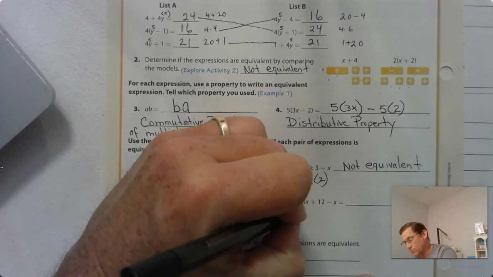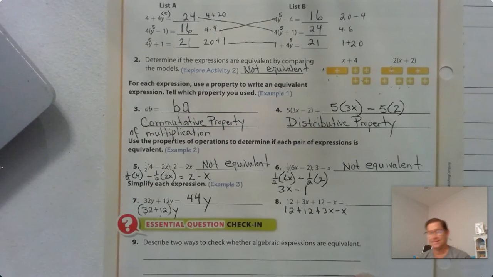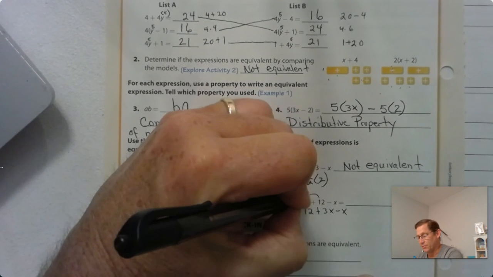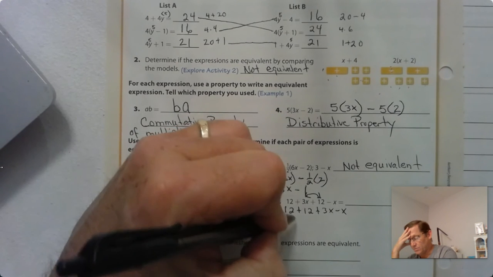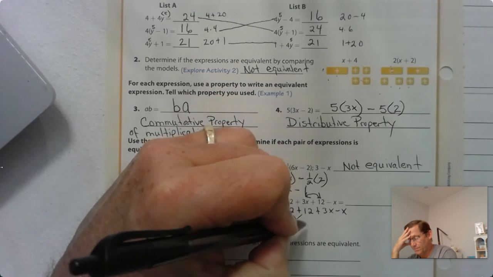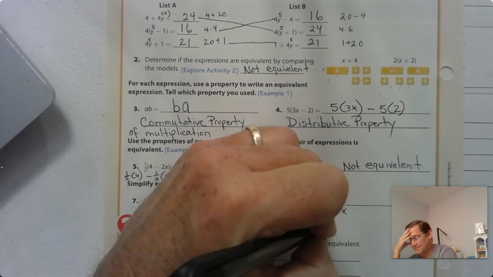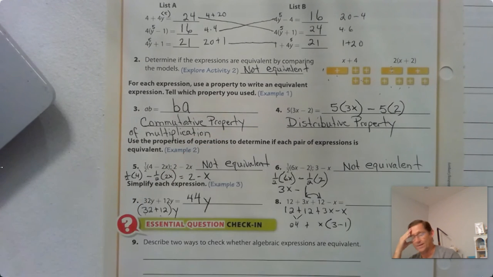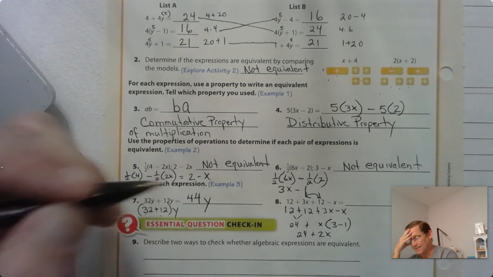So rewrite it as 12 plus 12 plus 3x minus x. Okay, so we're using the commutative property to flip the order of the 3x and the 12. All right, so now 12 and 12 is 24, and 3x minus x, that's the same as x times 3 minus 1. So 24 plus 2x.